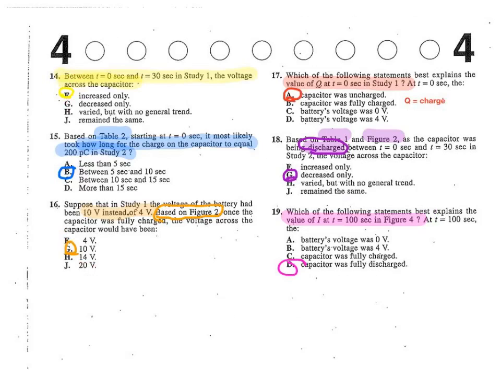Question 15 reads, based on table 2, starting at a time of 0 seconds, it most likely took how long for the charge on the capacitor to equal 200 PC in study 2? Again, using the clues, we're going to go to table 2, study 2.